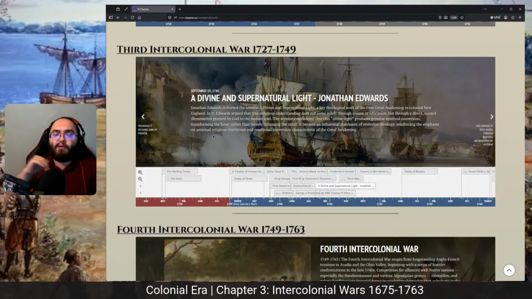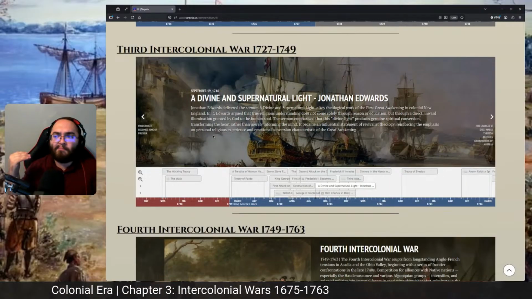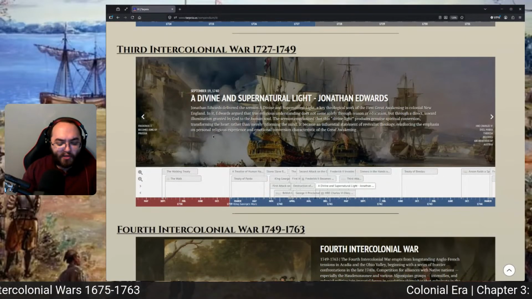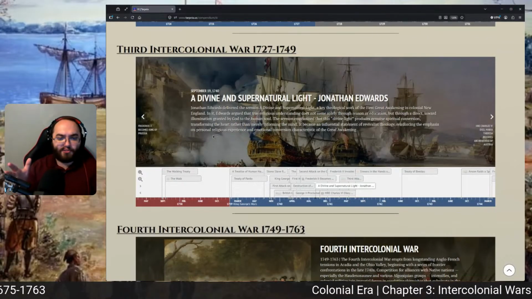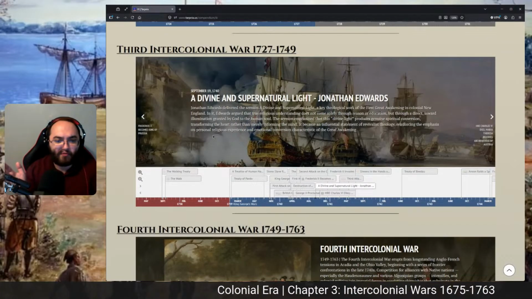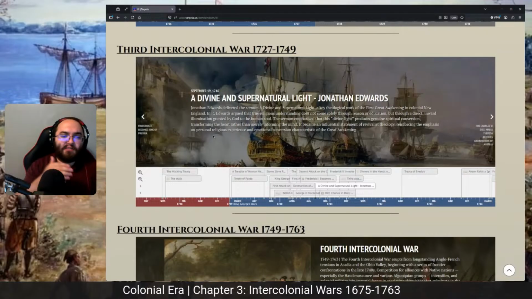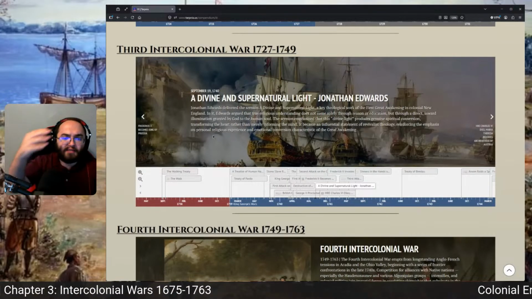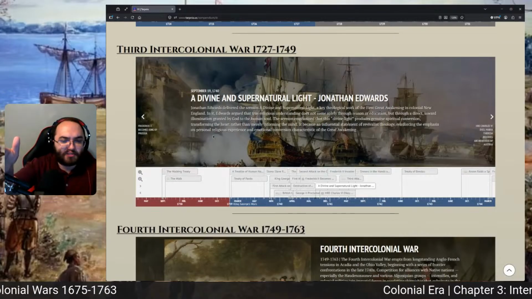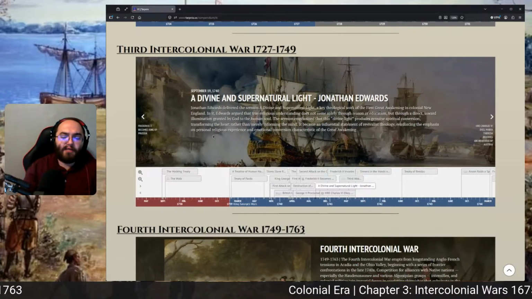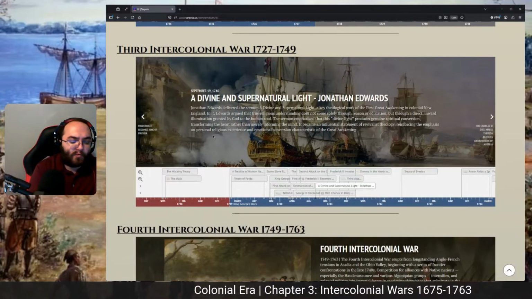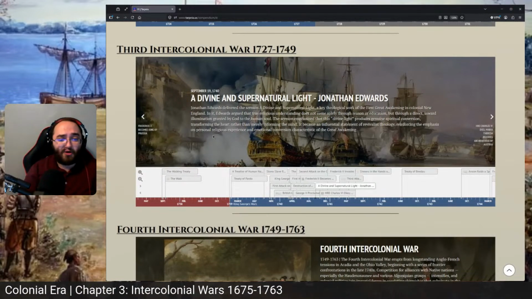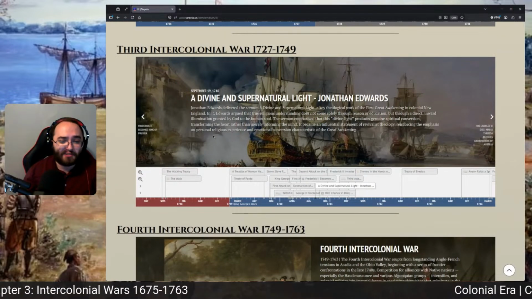Another thing about the themes of history and how they overlap: during the Great Awakening, you have the births of most of our founding fathers. So the 1720s, 1730s, 1740s, during these wars and this Calvinist revival, is when most of our founding fathers are born and being raised as kids.